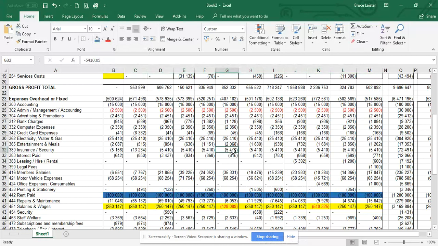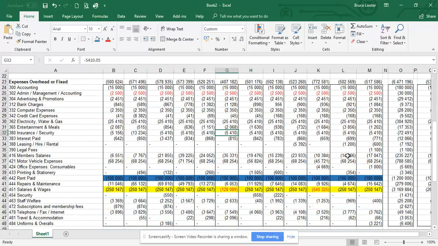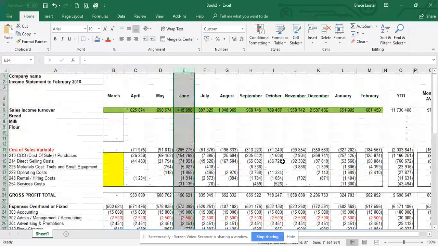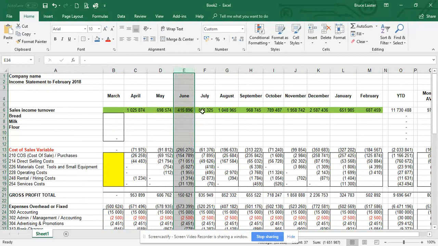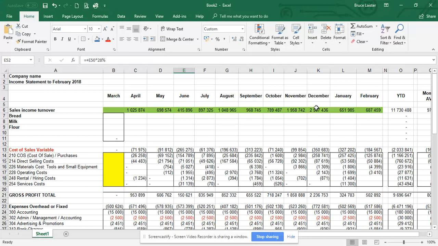What is very nice about an income statement is you can pick up trends. Now, if you look here in this column, June, there was a massive dip in sales and a massive increase in cost of sales, which led to quite a big loss. And also, further on in the year, November, December is obviously the big months for this company.